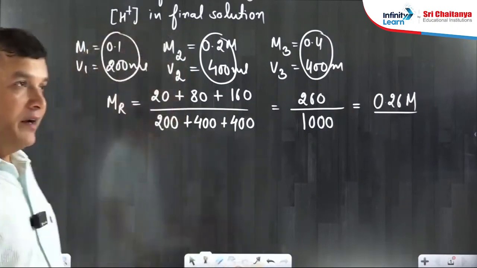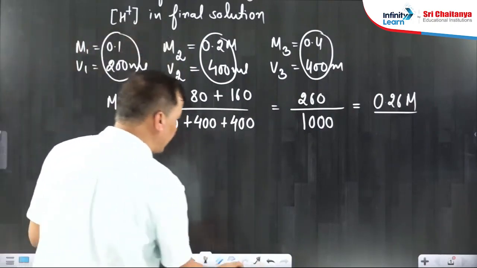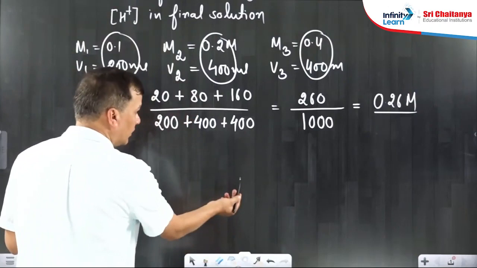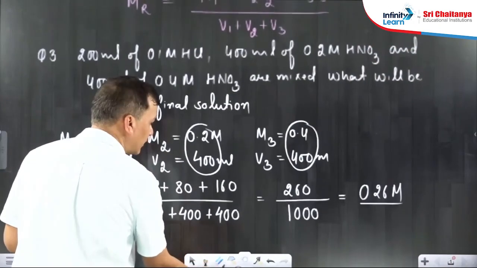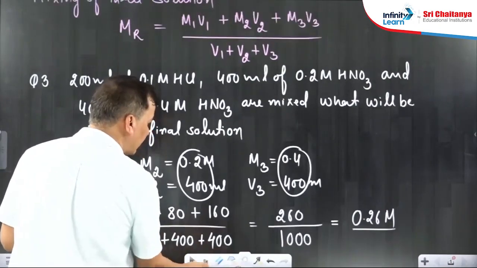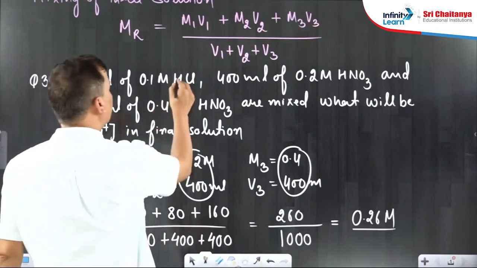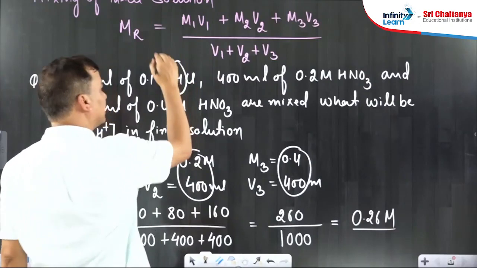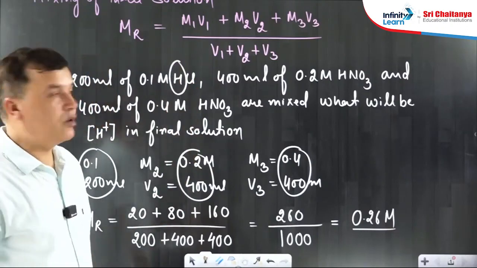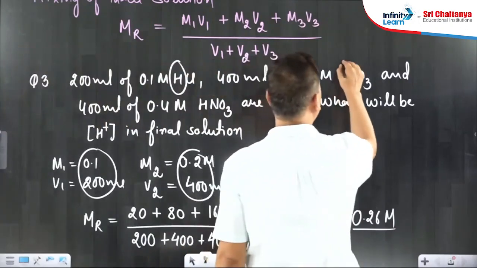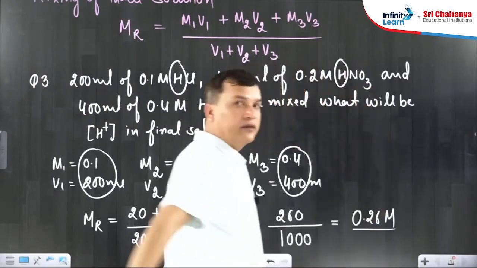Very nice. Dear student, one thing that I want to mention here is very important in this question. All three solutions are acid. In this HCl solution, there is H positive. In nitric acid solution, there is also H positive.